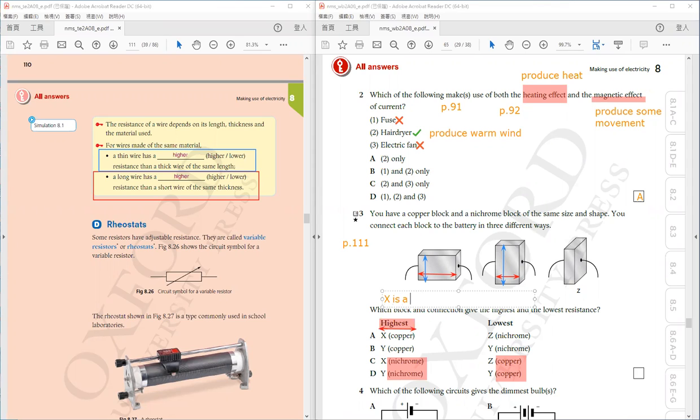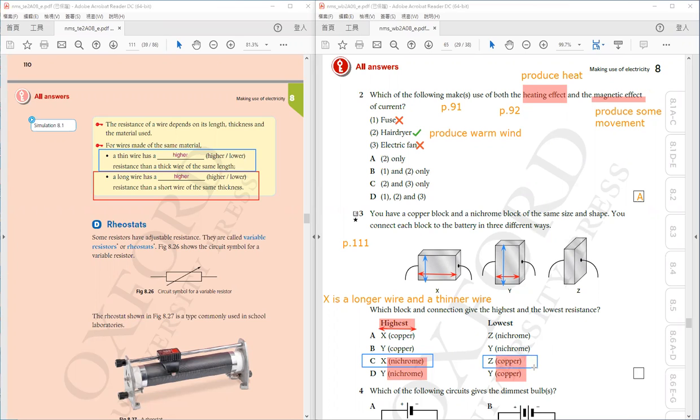X is a longer wire and a thinner wire. Therefore, in this case, we will choose X with the highest resistance.